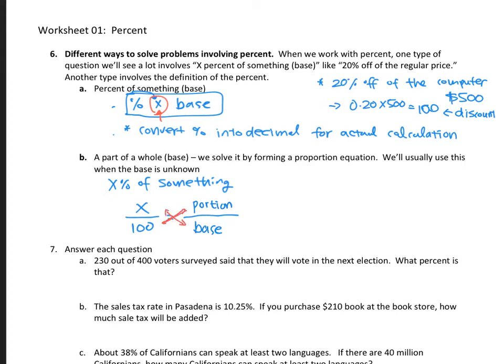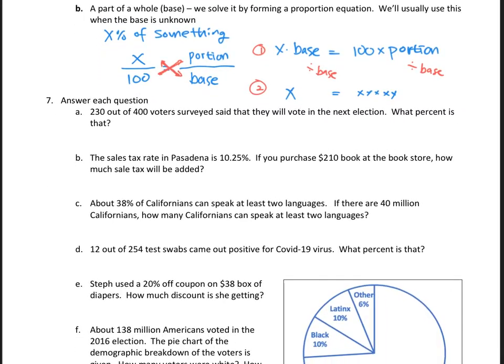I'll multiply these 2 across, and I'll multiply these 2 across, and then set them equal to each other. So it'll be X times the base is equal to 100 times the portion. When we solve for x, I want to have x by itself. So this is my first step. Second step is you divide both sides by base. Then we'll have x is equal to a bunch of stuff here. It'll probably make more sense if I actually do an example.